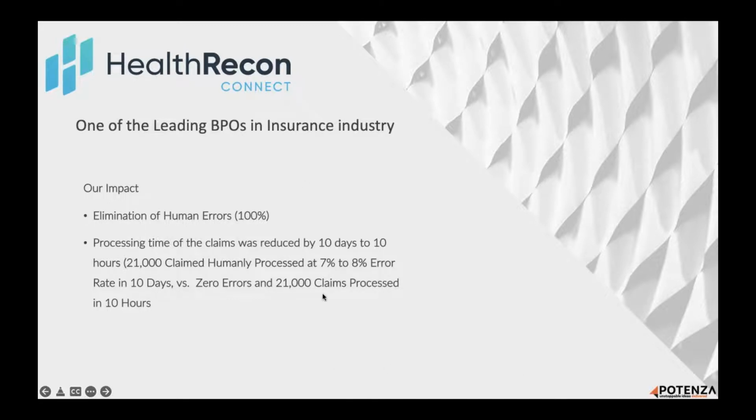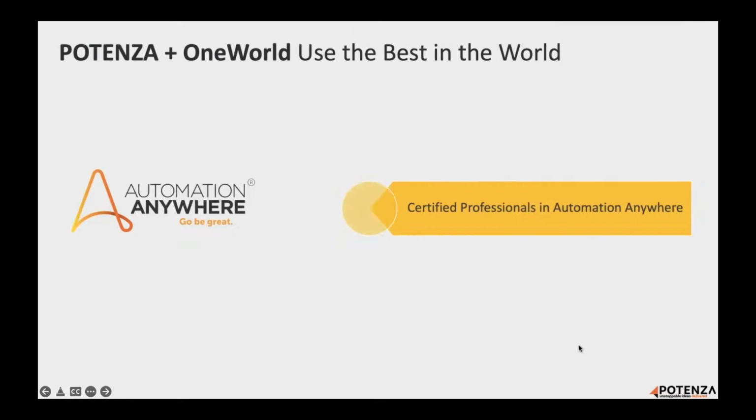And when we went live, we reduced the errors to 0%, zero errors. On top of that, the 21,000 claims were processed in 10 hours. Just imagine the capacity improvement, right? That's what robotics can do for you.